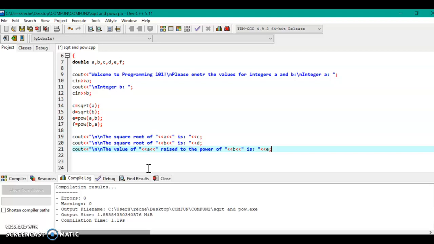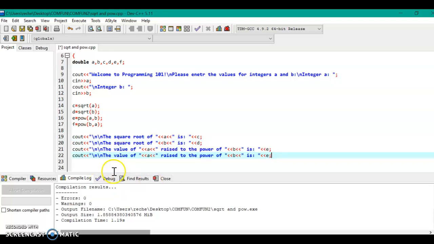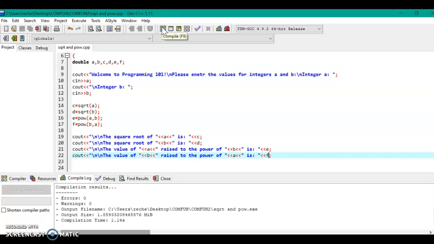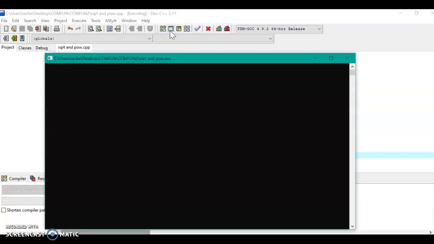Alright. Okay. Then the other way around, b raised to the power of a equivalent to f. Okay, so let's check. So you see we don't have any errors, therefore let's try to run it.